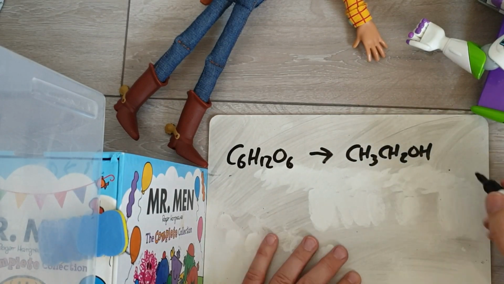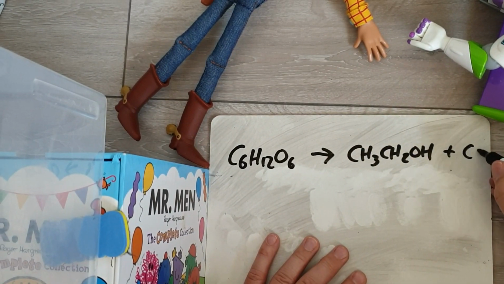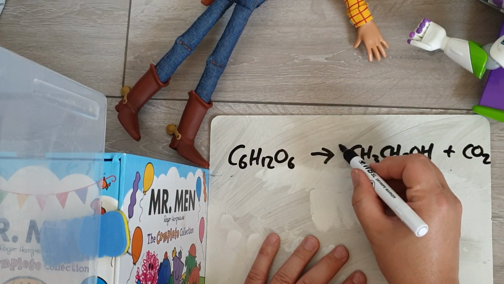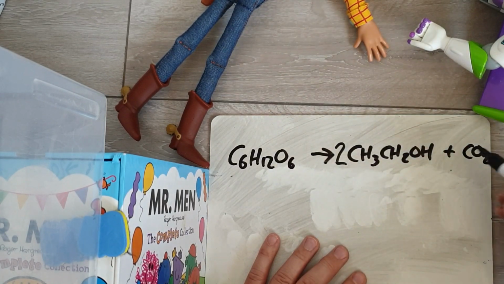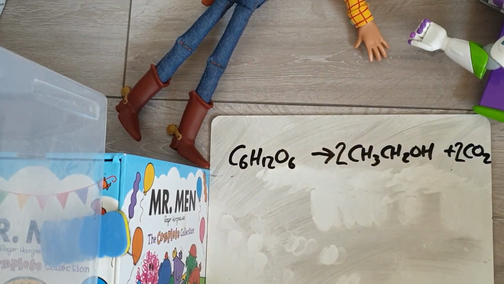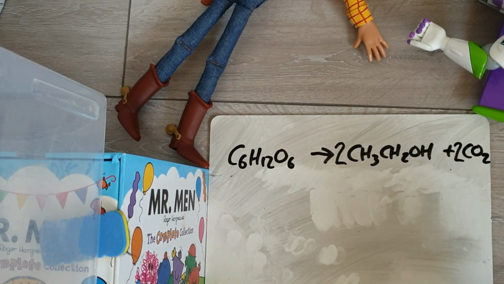That is ethanol, and we also make carbon dioxide, CO2. And we balance this one, and we get 2 of those, and 2 of those. Don't worry, you do need to balance equations, but in these sorts of questions, they'll give them to you balanced.